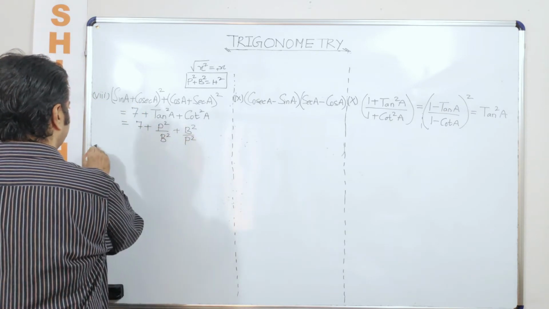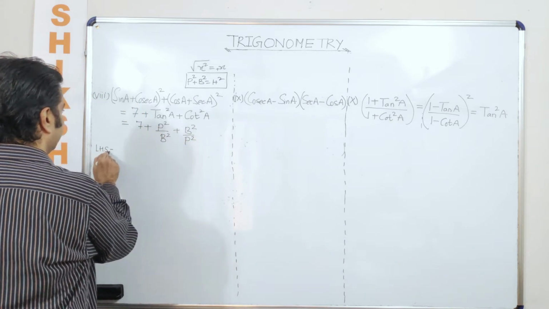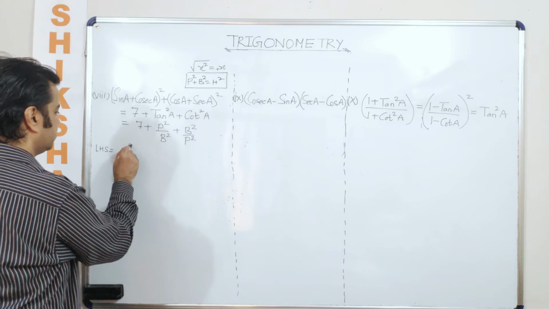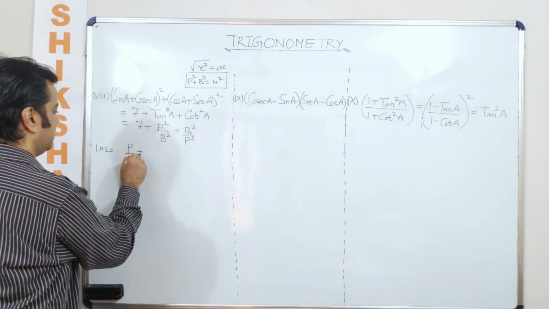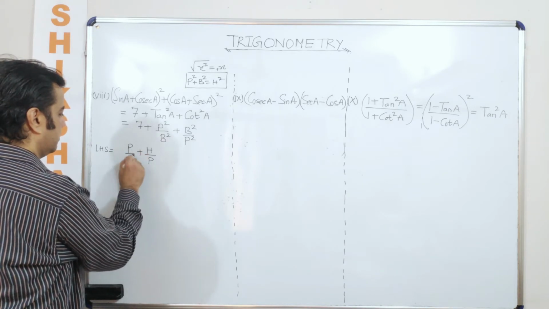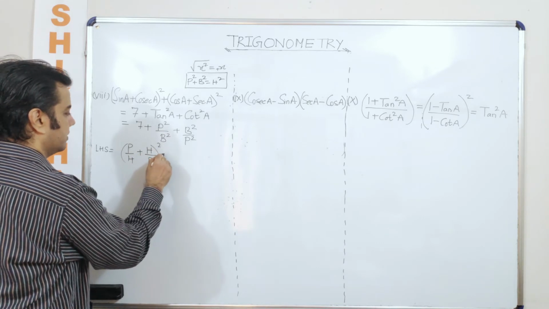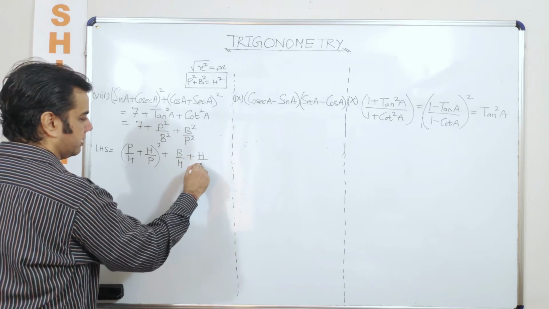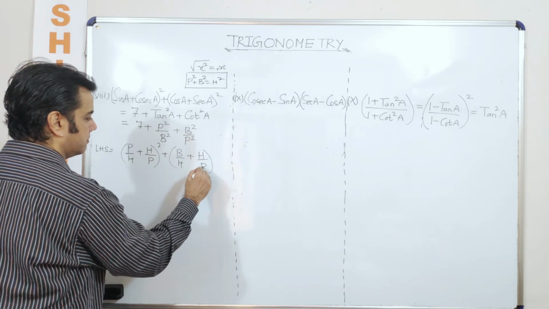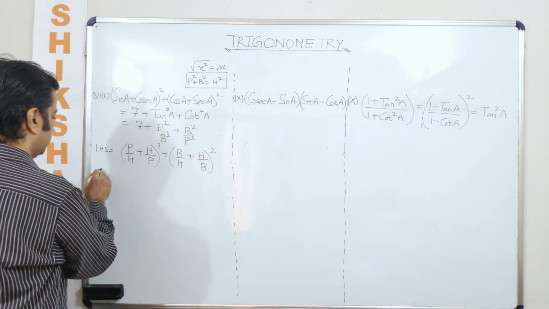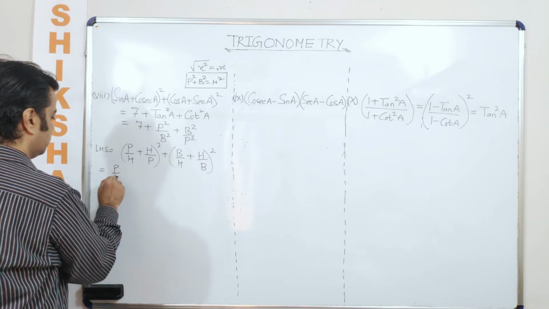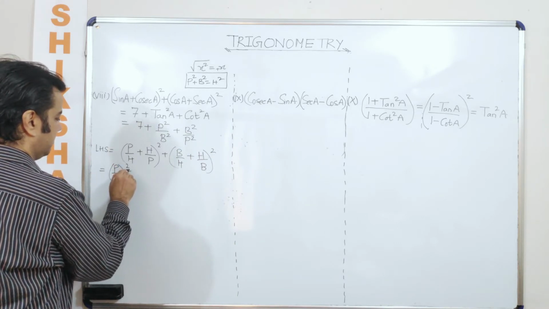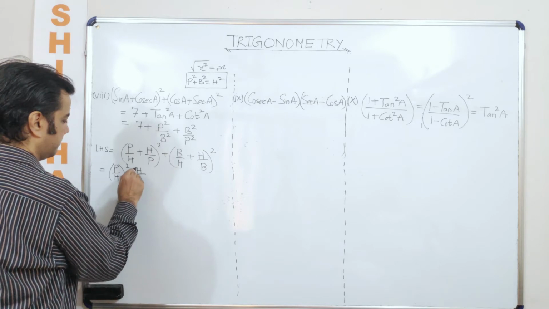Now let us talk about the left hand side value. So the left hand side value here is sin a is p by h plus h by p whole square plus b by h plus h by b whole square. So this can be further written as p by h whole square plus h by p whole square.